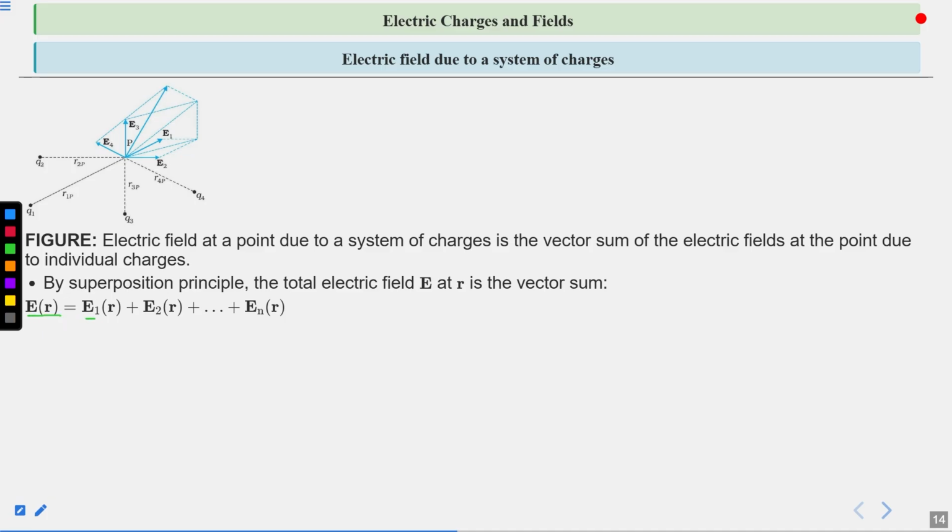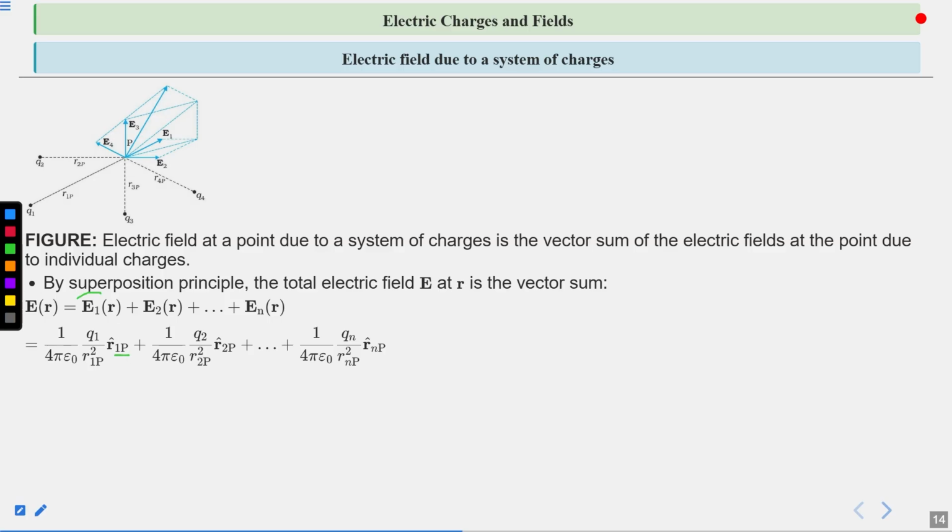So E1 of R, E2 of R, plus En of R. E1 of R will be 1 upon 4 pi epsilon naught Q1 divided by r1p squared, r cap 1p.